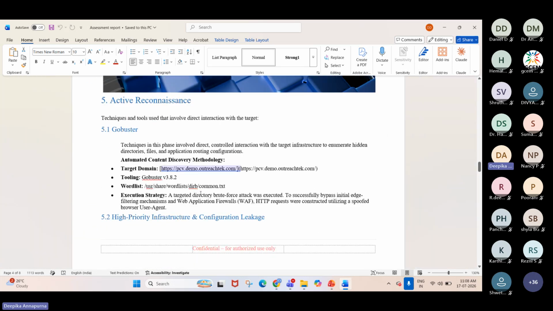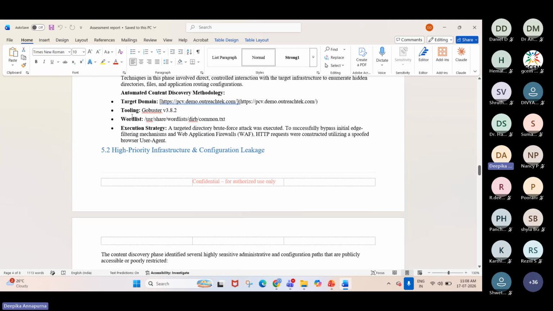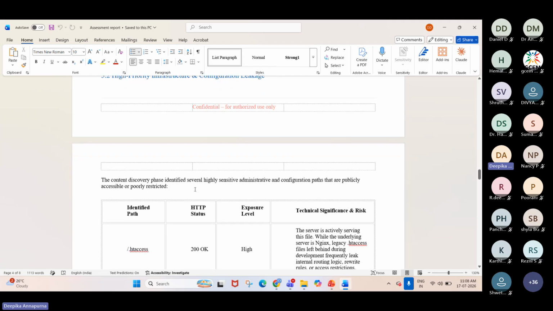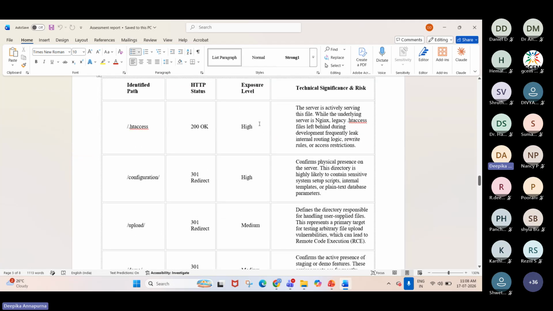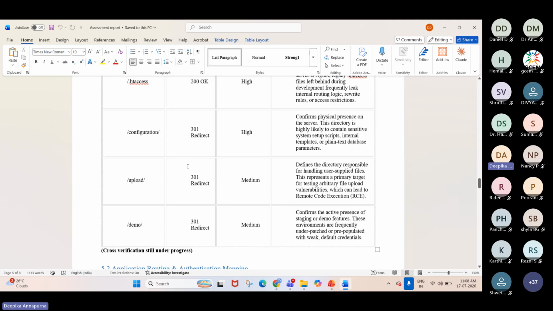This is the active reconnaissance using the GoBuster tool. The target domain is this, and the tooling is GoBuster. High priority: infrastructure and configuration leakage. This is the exposure level, and the exposure level is high. The HTTP status is 200 OK, and this is also OK.